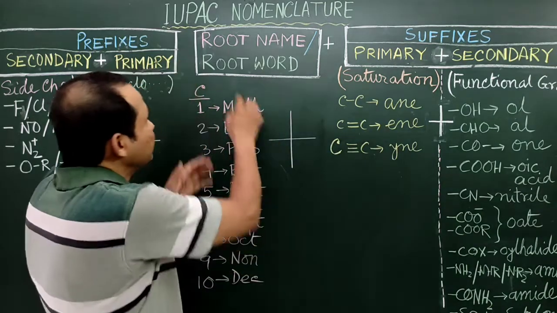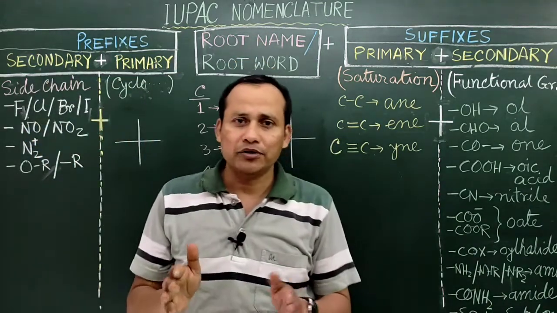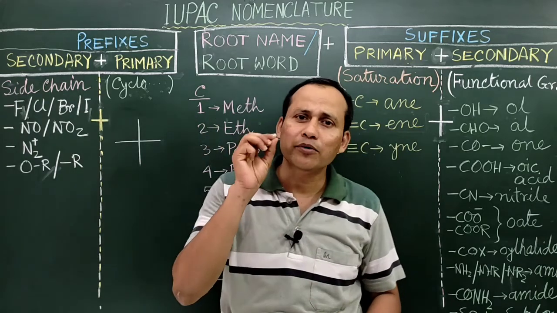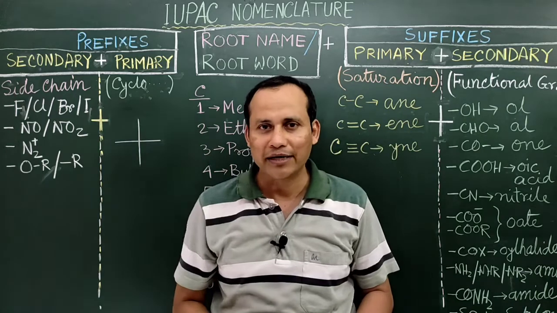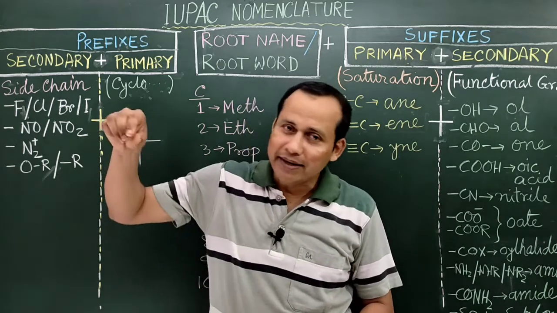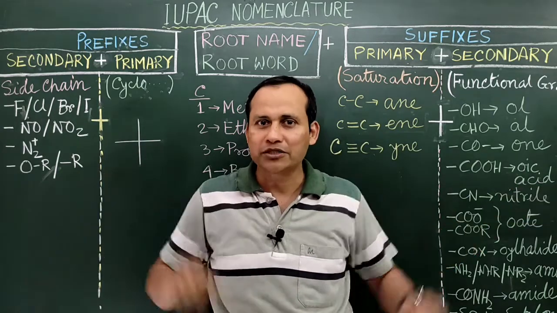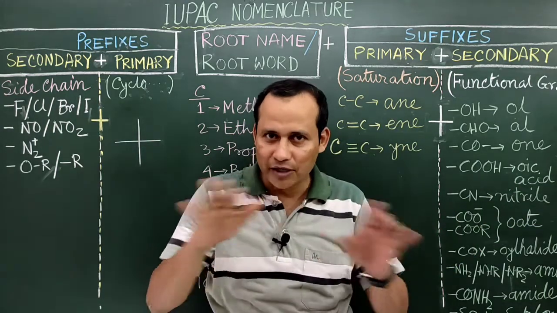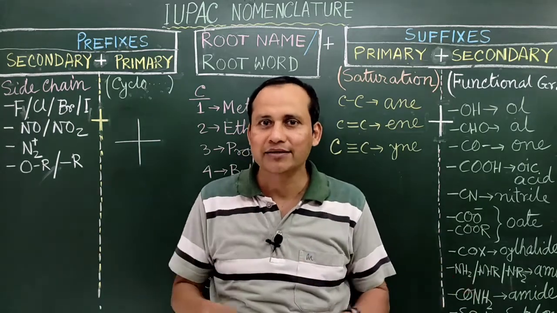Now come to the main thing, root word or root name. In any compound, we know that a carbon atom is a must. One carbon may be there, or multiple carbon atoms. It depends on the number of carbon atoms in the longest carbon chain of the compound. Once again, don't be confused about the longest carbon chain, I am discussing this after some time.